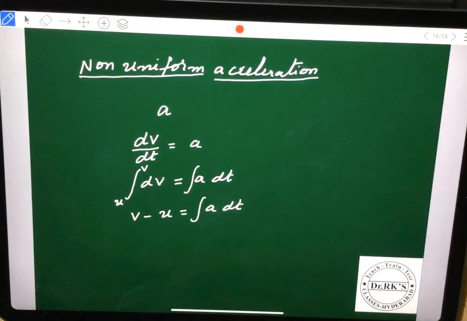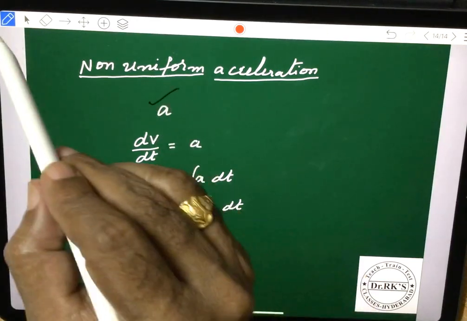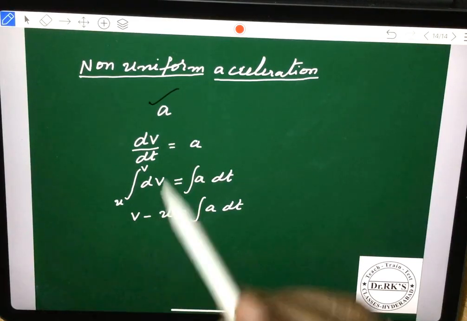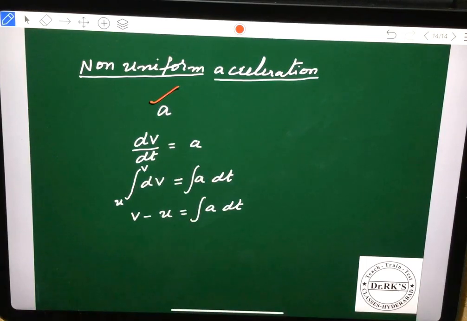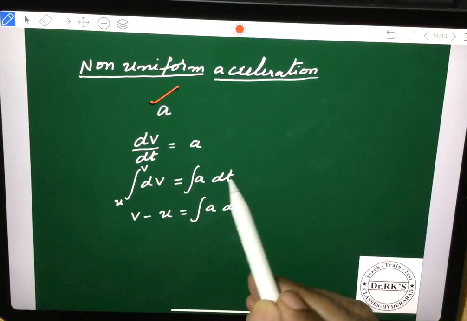So finally, if the acceleration is not uniform, that is, unequal changes in velocity in equal intervals of time or vice versa, then we have to use the calculus method. That is, if a is equal to dv by dt, then the integral of dv is equal to the integral of a dt.